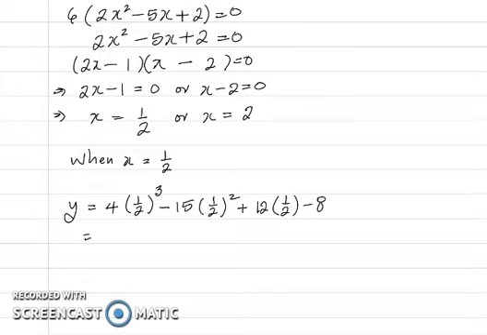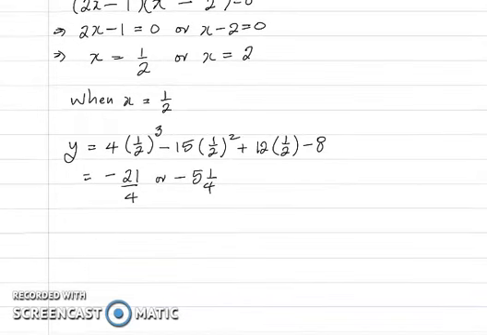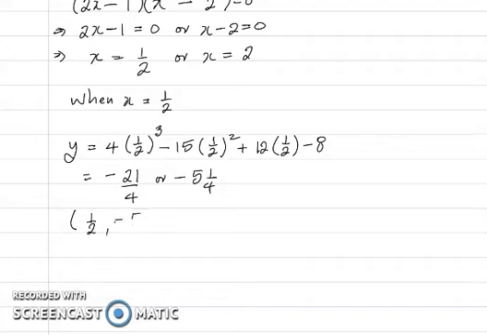All right, so all you have to do is just put that in a calculator and press equal. And if you do, you're going to get y is equal to minus 21 over 4, or minus 5 and a quarter. So (a half, minus 5 and a quarter), or (a half, minus 21 over 4), is a turning point.